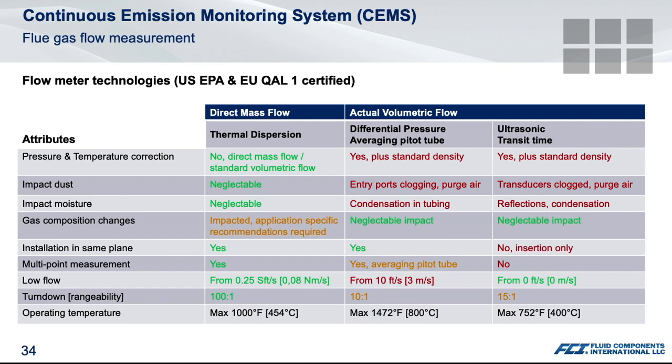Multipoint flow measurement is available for thermal dispersion, and it's very low flow, 0.08 normal meters per second, 0.25 standard feet per second, and a turn down of 100:1 exceeds the other technologies. The operating temperature goes up to 454 degrees Celsius or 1000 degrees Fahrenheit, while the others go to 1472, 800 degrees Celsius and 752 for the ultrasonic flow meters.